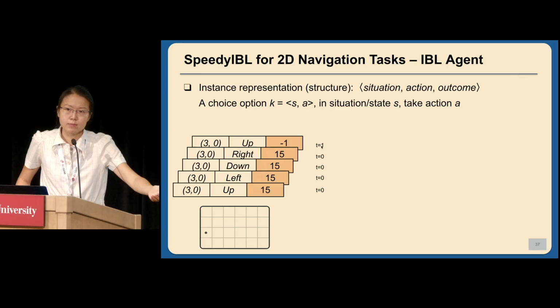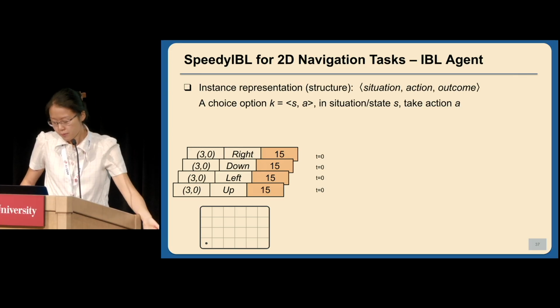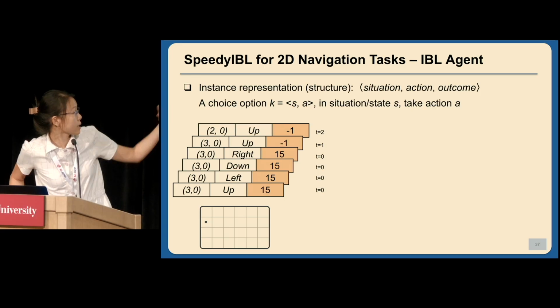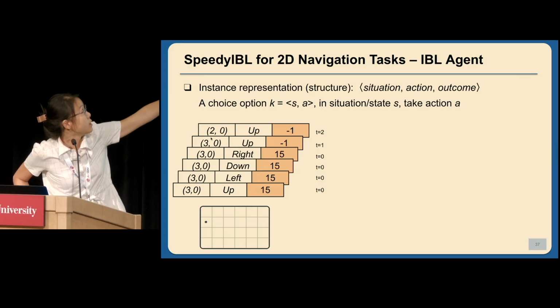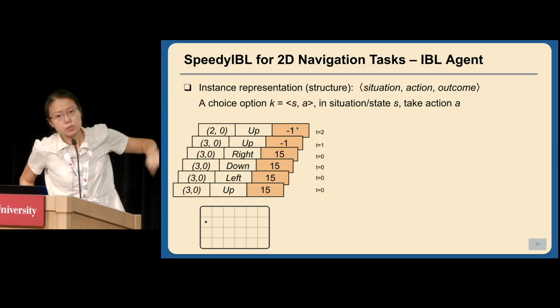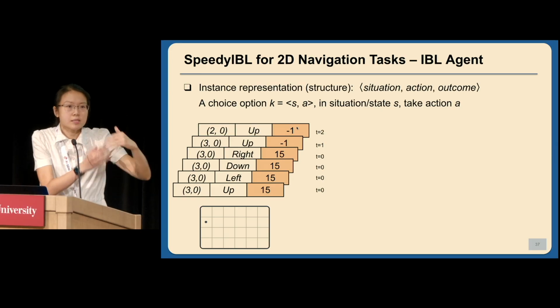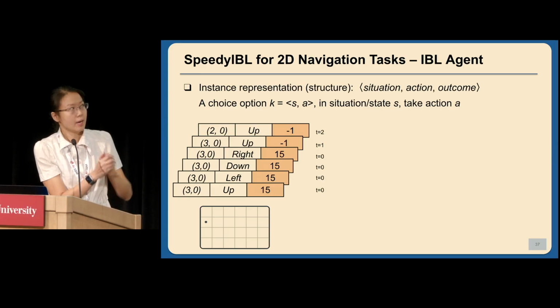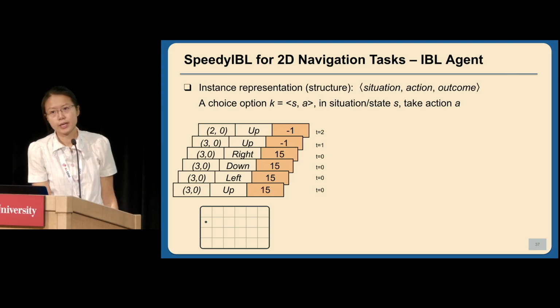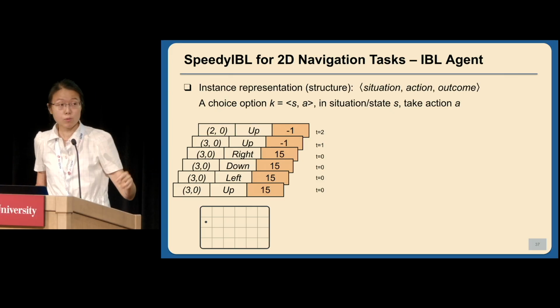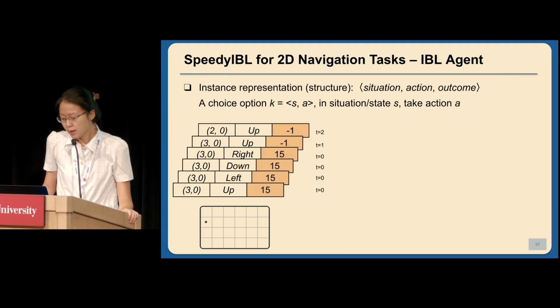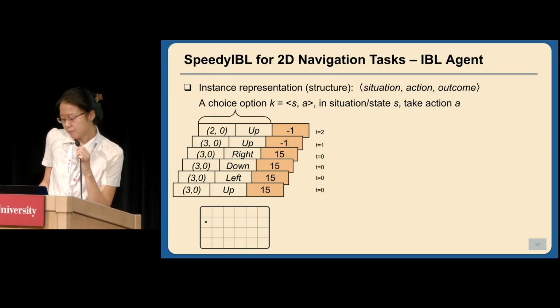In the next timestamp, t plus 1, which is timestamp 2, I take another action up again, from this point moving up, and observe minus 1. We just keep going like that, and all the instances accumulate in the agent's memory over time. That is the structure of how instances are accumulated and stored in agent memory. Now at time step t plus 1.